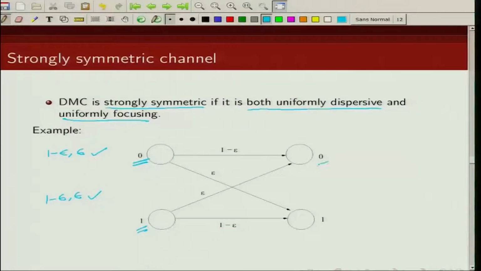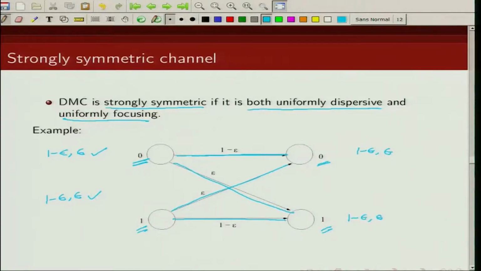Now, let us look at the outputs 0 and 1. What are the transition probabilities of the transitions terminating at the output? This is 1 minus epsilon, this is epsilon. Similarly, here it is 1 minus epsilon and epsilon.